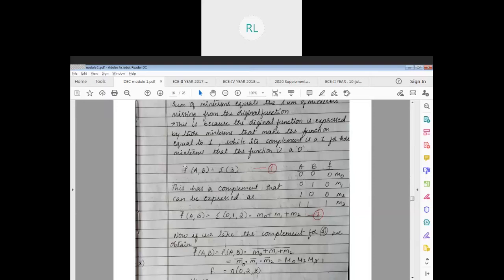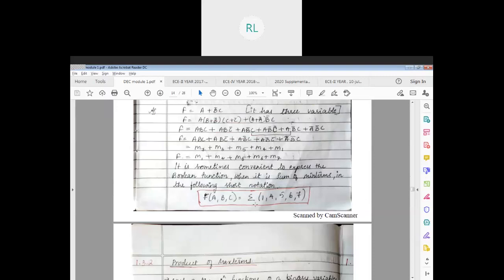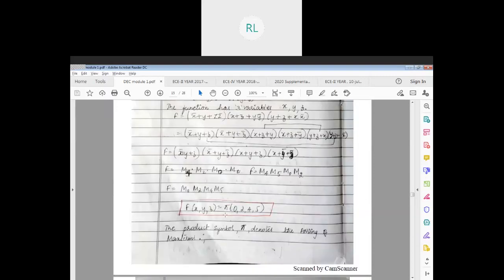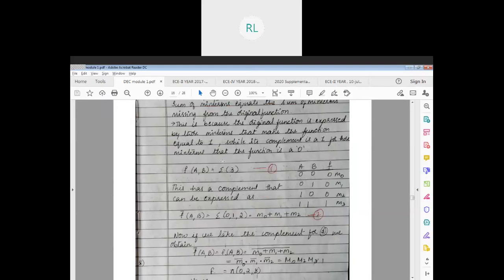Right. So now if I take a complement, which means the opposite of this minterm, how do I say that it is a minterm? Because I have a summation, right? See the previous equation. If it has a pi, then it is a max term. If it has a summation, then it is a minterm, right? So using this summation, I understand that this is a minterm. If it has a pi, I understand this is a max term.